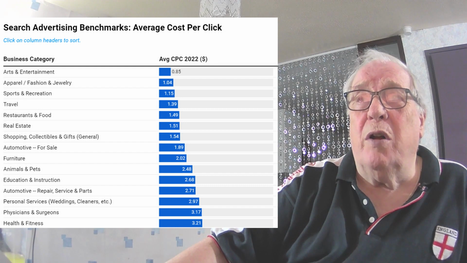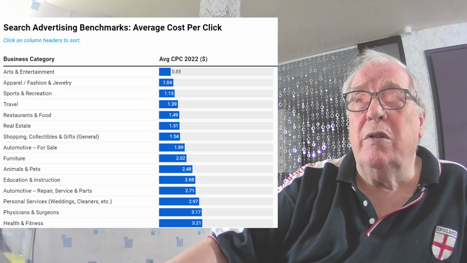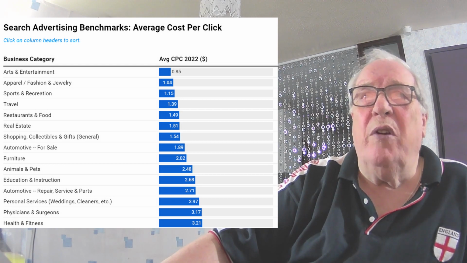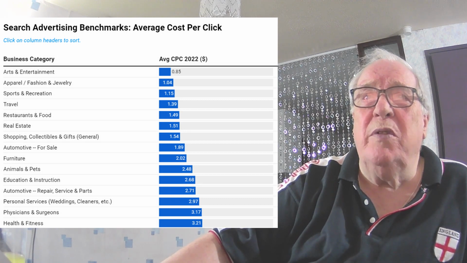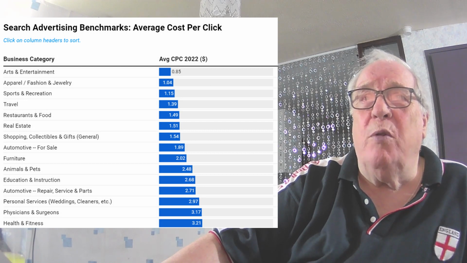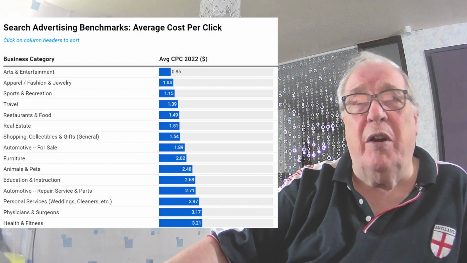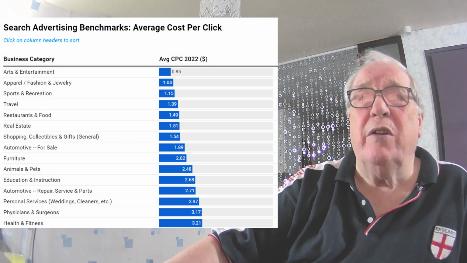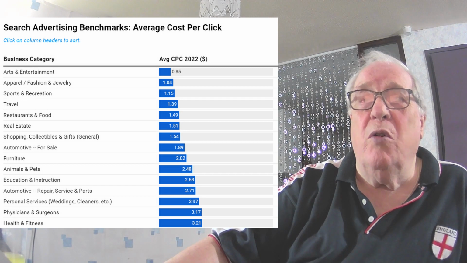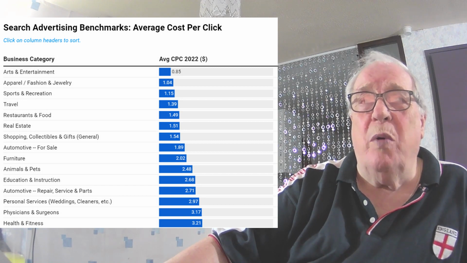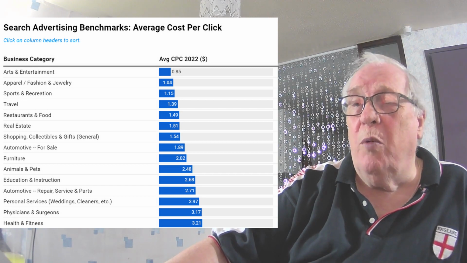Average cost per click in Google Ads 2022. How much you pay for a given click on your ad is determined in real time by a complex formula that takes into account the competition level of the keyword, your bids, your competitor bids, and your ad's quality.